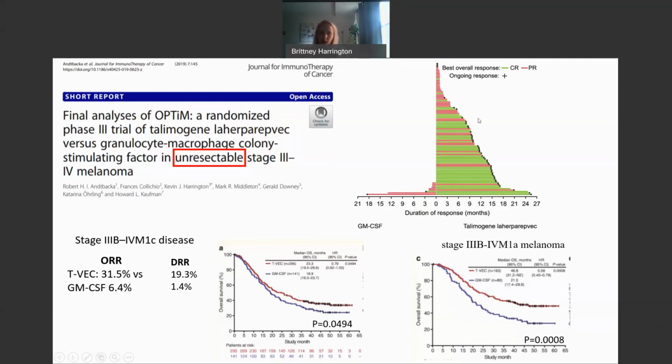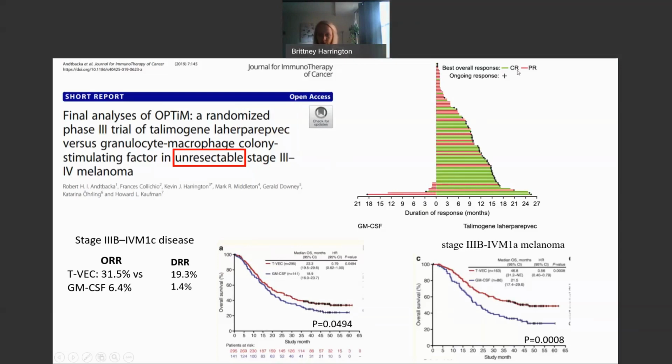They classify the response as either a partial response in red, so they might have responded for a certain amount of time, maybe 3 months or 18 months. Partial response generally means either no change in the tumor lesion, so it can be stable disease, or a small reduction in the size of the tumor.